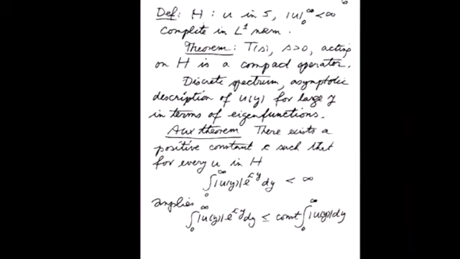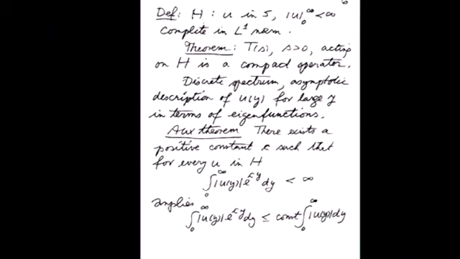So H is defined as the set of all u in this space which are integrable from 0 to infinity. If it's not complete in that norm, just complete it in that norm, and you do not lose the property of interior compactness.